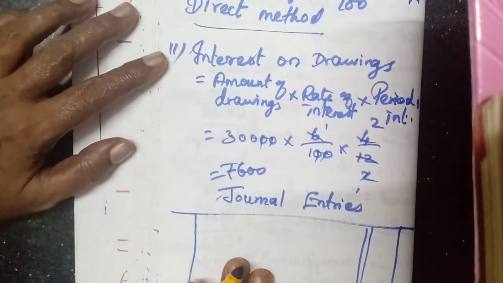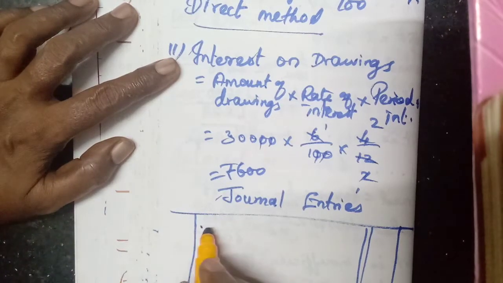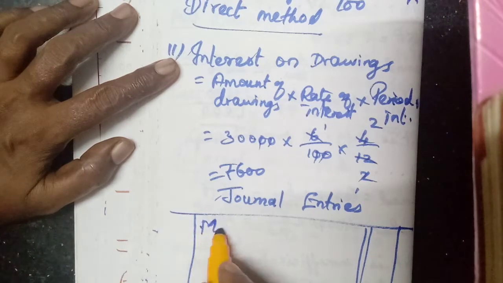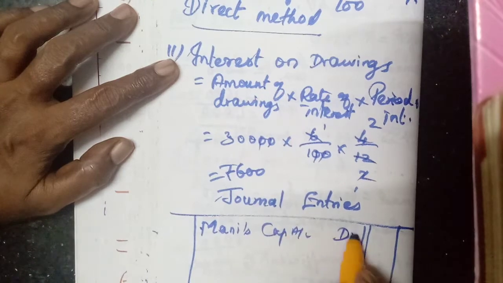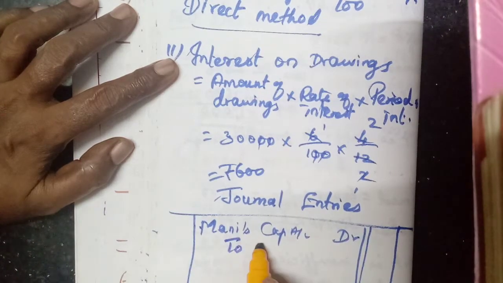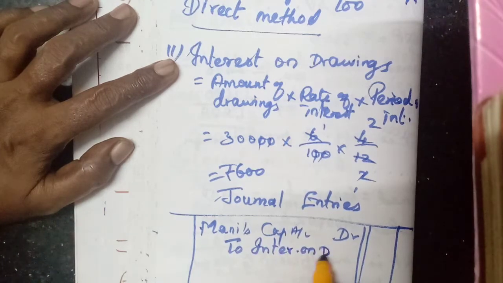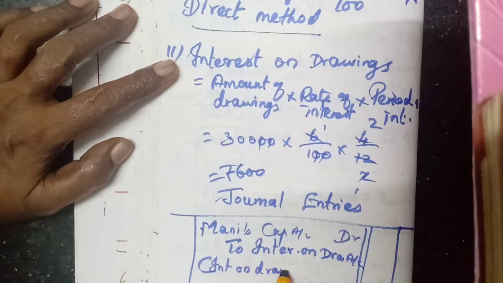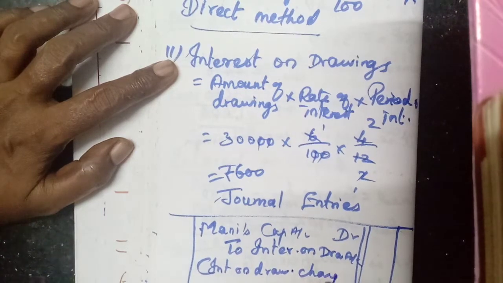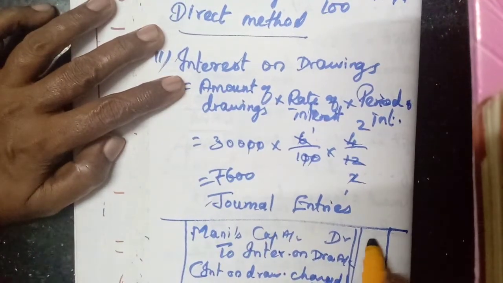So only capital account. Who are the partners? Only one partner, Money, isn't it? So Money's capital account debit to interest on drawings account, interest on drawings charged. Here charged we have to write. How much? 600.